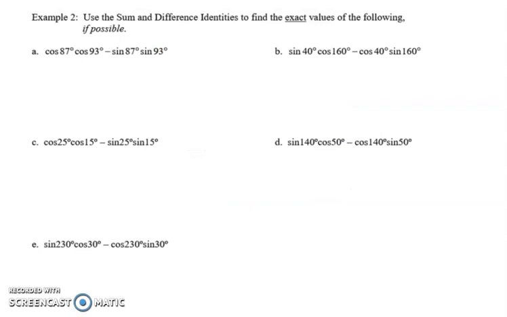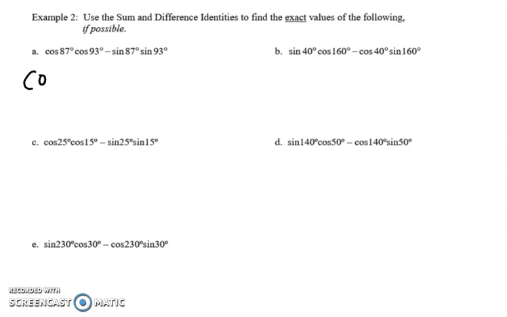we have cosine of 87, cosine of 93, minus sine of 87, sine of 93. Because it's cos, cos, and sine, sine, we know it's cosine sum or difference. And because we have the minus there, we know it's the sum of cosine.